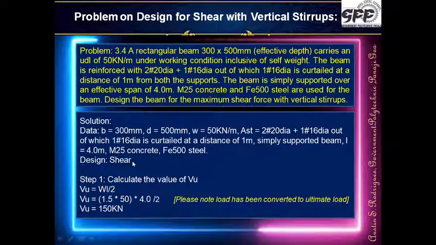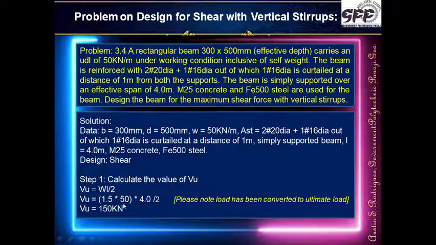Let us look at step number 1. Step number 1, as usual, calculate the value of Vu. Since it is a simply supported beam with UDL, Vu is W into L by 2. So we are converting this into the ultimate load. Ultimate load means 1.5 into 50, multiplying the load factor to the UDL.